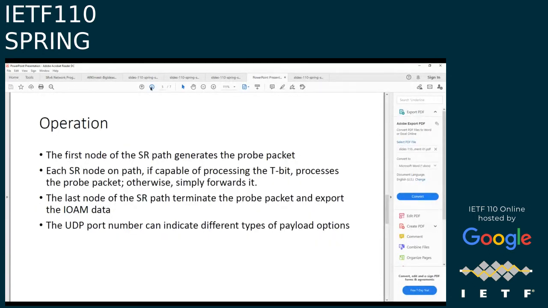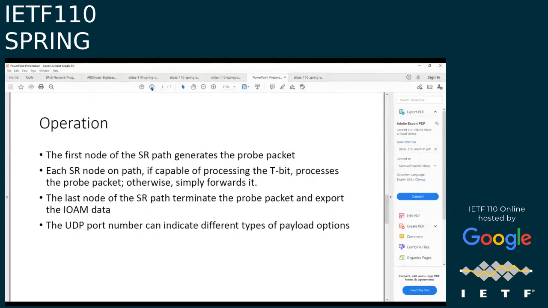About the operation: the first node of the SR path will generate the probe packet. If we intend to monitor some active user flows, we will copy the SRH from those flows and generate this probe packet. Then at each SR node on the path, if the node is capable of processing the TLVs, it will process the probe packet, and otherwise it simply forwards it.